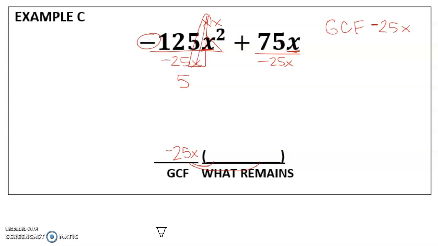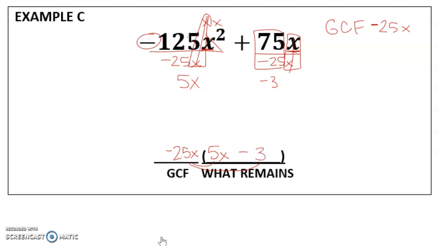So that goes to 1, so I'm left with 1x here. So there's my first term. 5x, negative 25x times 5x gets me negative 125x squared. And then here, 75x divided by negative 25x. Well, 75 divided by negative 25 is negative 3. X divided by x is 1, so I'm just left with negative 3.